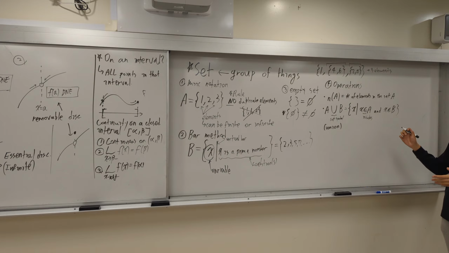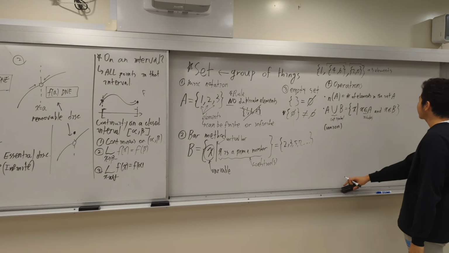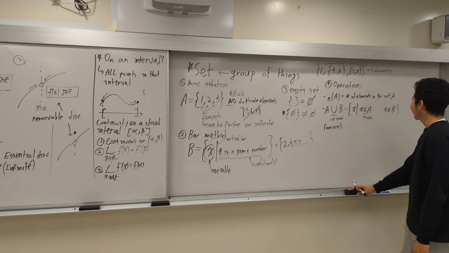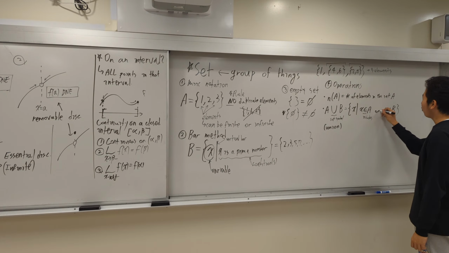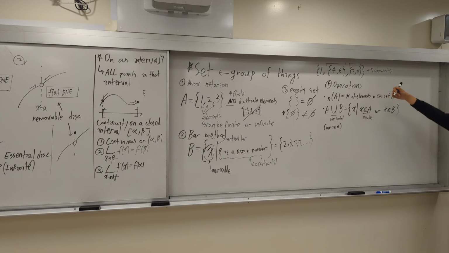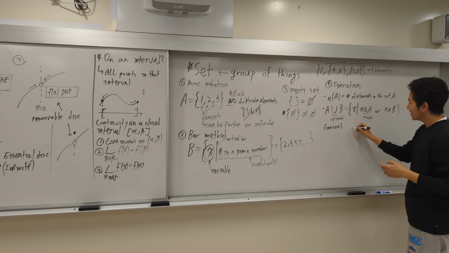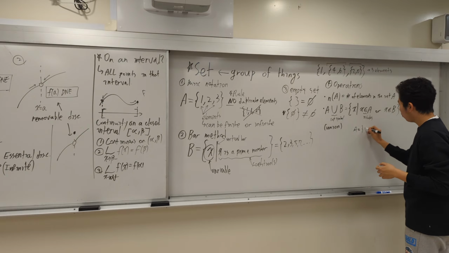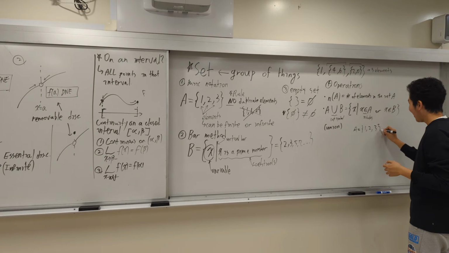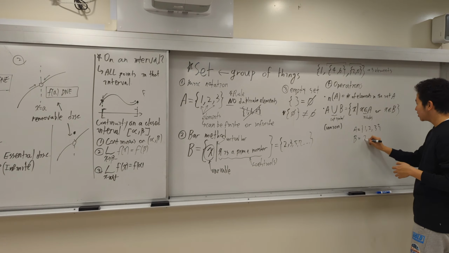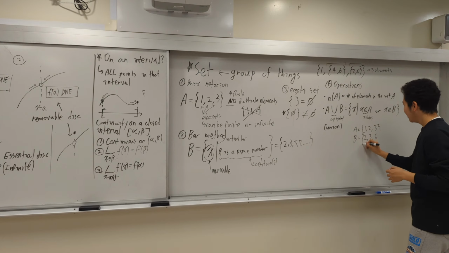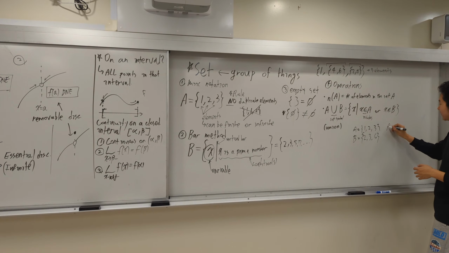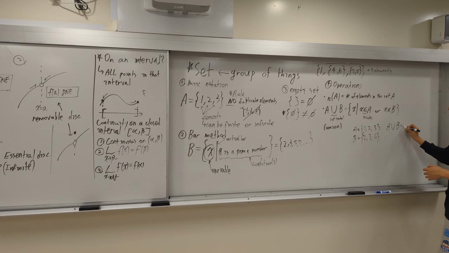So what does that mean? Oh, I'm sorry, guys. I was lying. It's or. The union is or. So if I have the set A equals {1, 2, 3}, and set B equals {2, 3, 6}, then what would be the union of set A and set B?